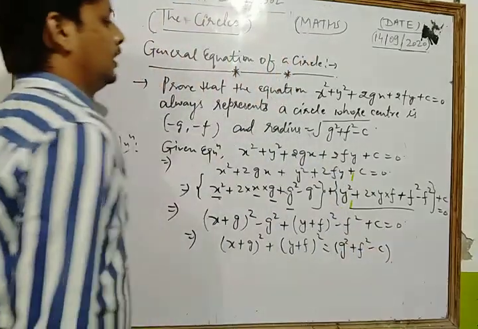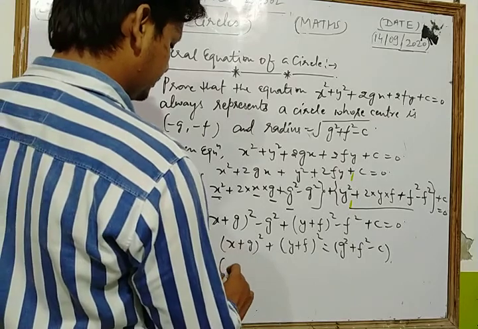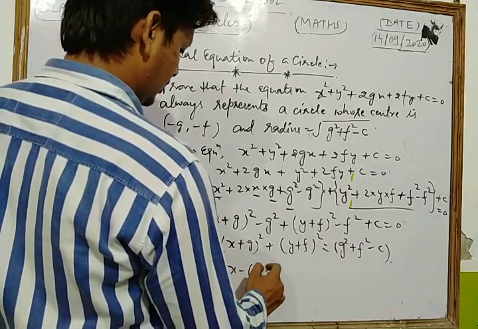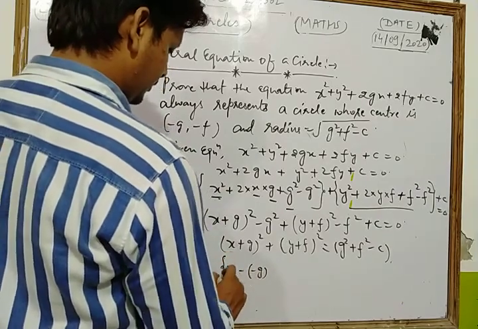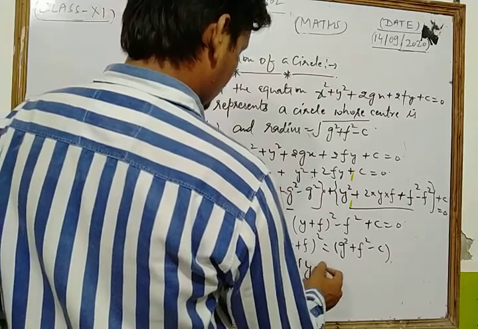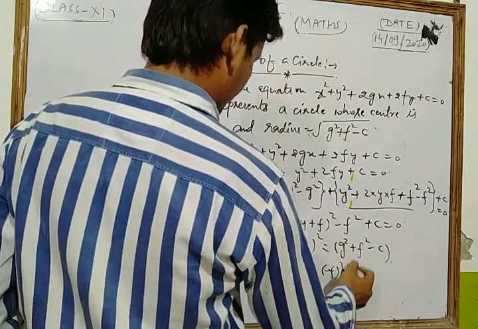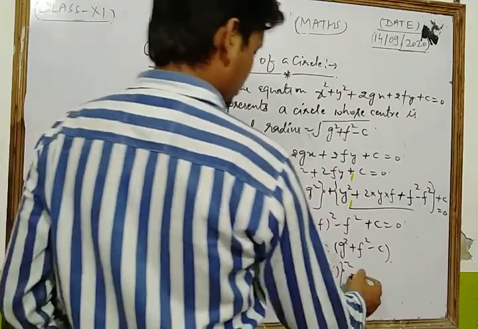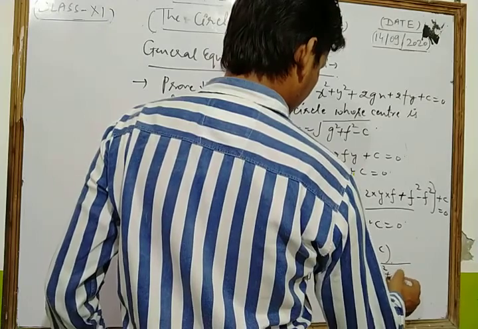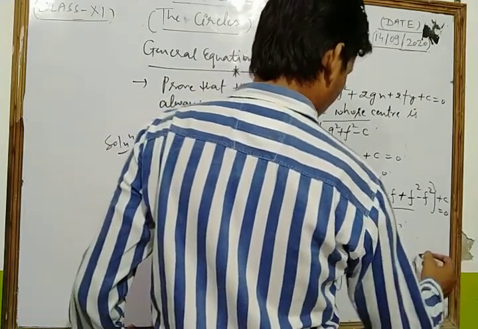Now look, dear students, we can write this equation as (x minus (minus g)) whole square plus (y minus (minus f)) whole square is equal to the value whole square.